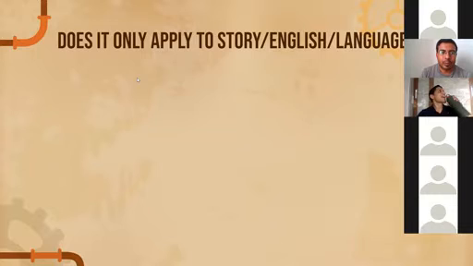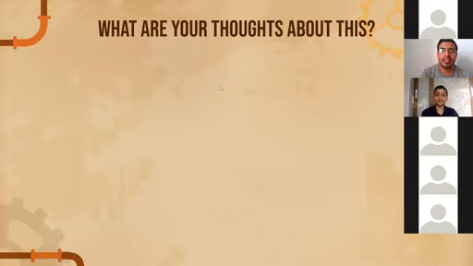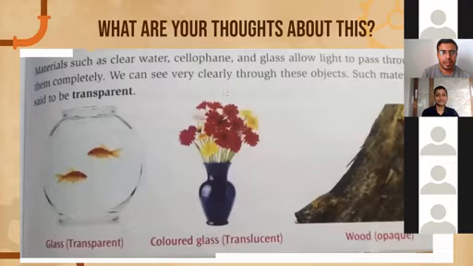And so whatever we did with the story right now, does it only apply to the story or English or language? Or can we use the same strategy everywhere, wherever we are reading, right? So for example, we have this picture from a particular book, right? So it says that materials such as clear water, cellophane, and glass allow light to pass through them completely.